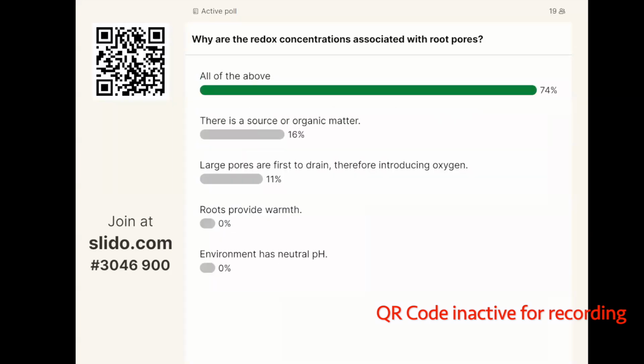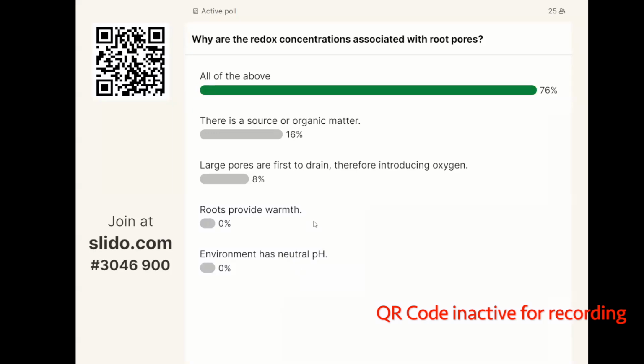Look at that. All the above is the front runner here. So let's talk about this. Why are the redox concentrations associated with root pores? It actually is all the above, because in order for a root to grow there, we're probably going to have a neutral pH. It may be on the acidic side or possibly on the alkaline side, but it's going to be fairly neutral, because if it was a pH of 2, the root's not going to want to grow.